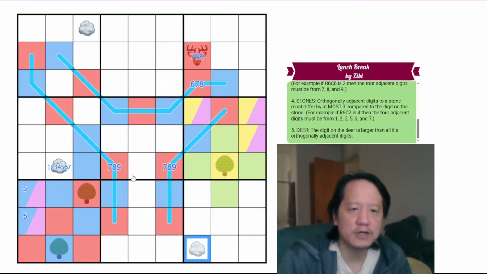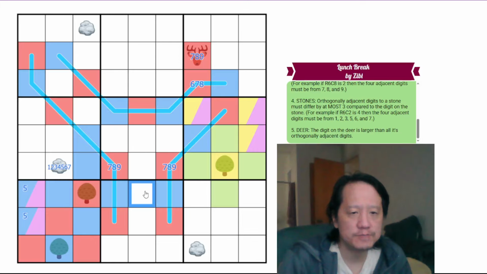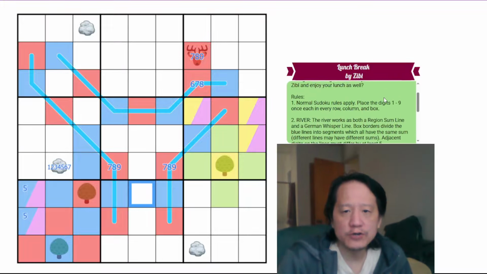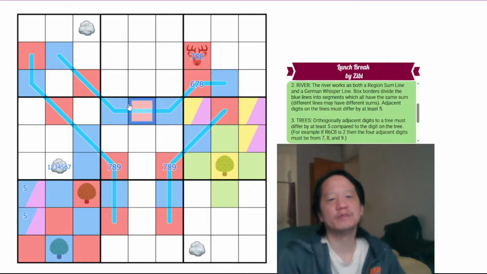That doesn't help us much. What else do we know? River works as both a region sum line, right?